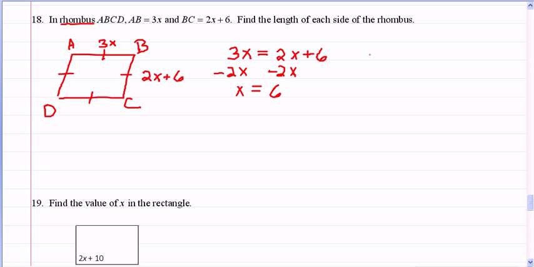And to find the length of each side, I take AB is equal to 3x. So 3 times 6 is 18.